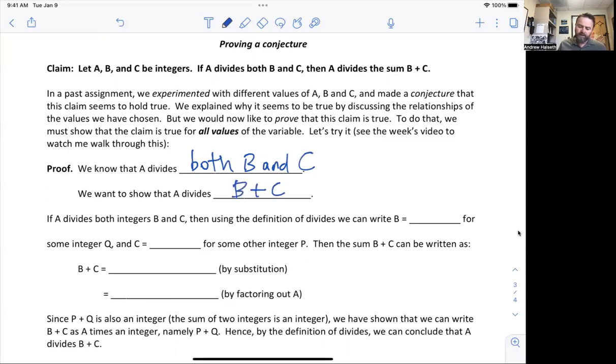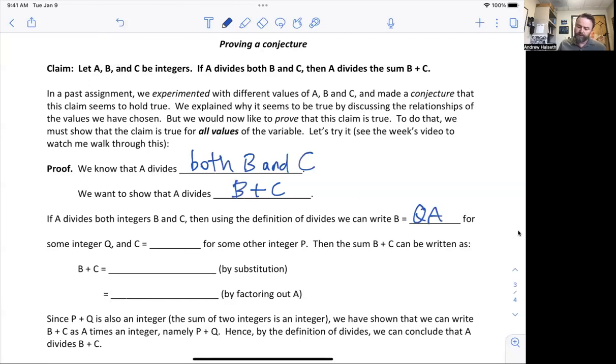So if a divides both integers b and c, then by using the definition of divides, from the previous assignment, there's some integer q such that a times q, or q times a, is equal to b.